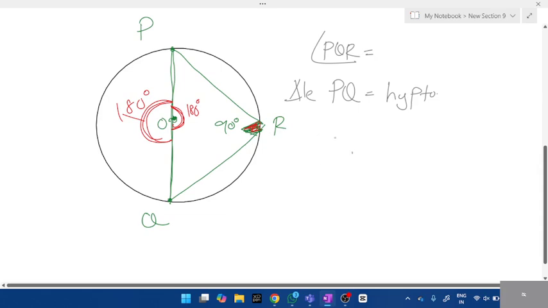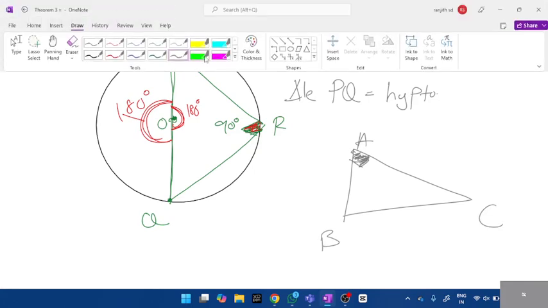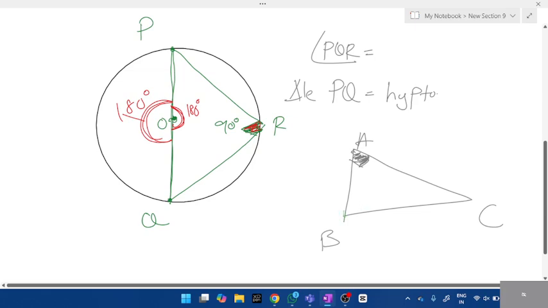When a circle is given, this is the third theorem. The fourth theorem is just the opposite. You take any right angle triangle. Let me take a right angle triangle like this. ABC, ABC is a right angle triangle. And draw an arc which touches ABC. What do you call this circle?